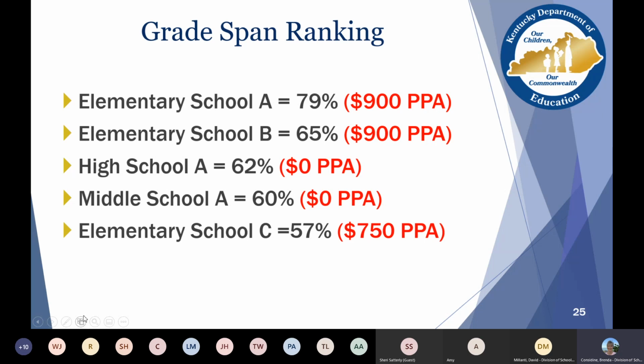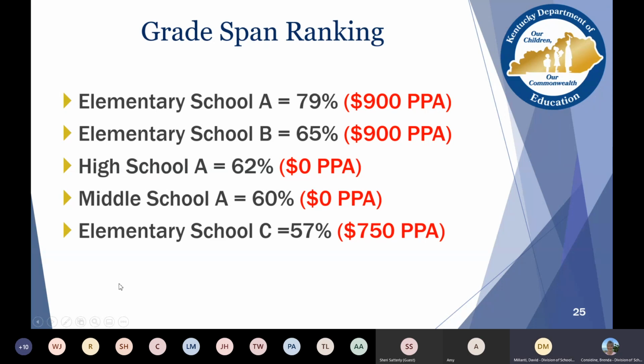And then elementary school C, sitting at a 57% poverty level, they're going to give a $750 per pupil amount. They're not going to allocate any funding to the high school or the middle school. And that would be a grade span ranking where they are truly looking at the elementaries in their district.